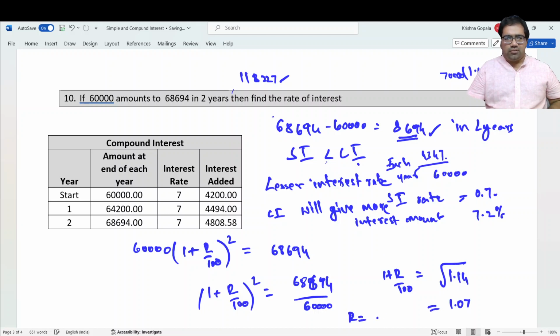That means r is equal to 1.07 minus 1, which is 0.07, into 100. This is equal to 7%.